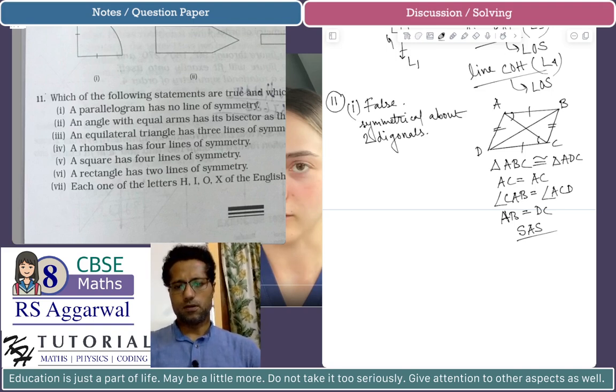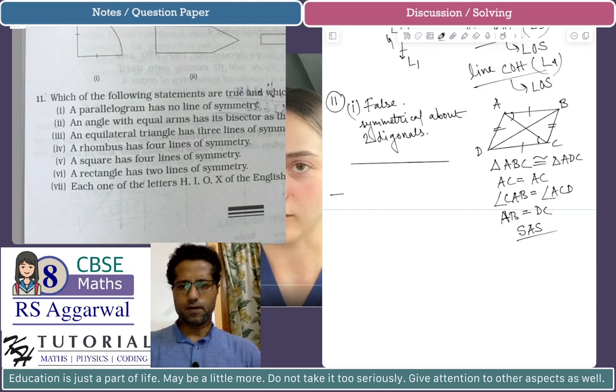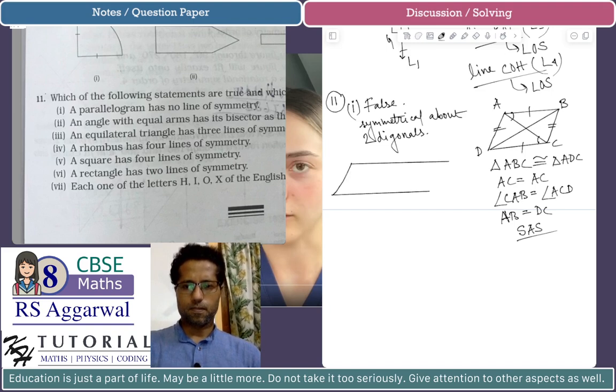Let's properly draw a parallelogram and see what is happening. Let's say I have this kind of parallelogram ABCD, and these are the diagonals.